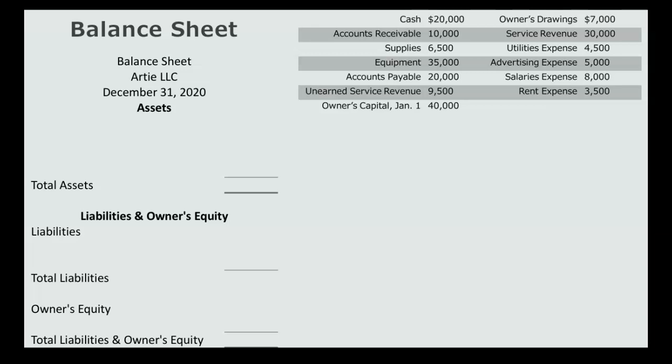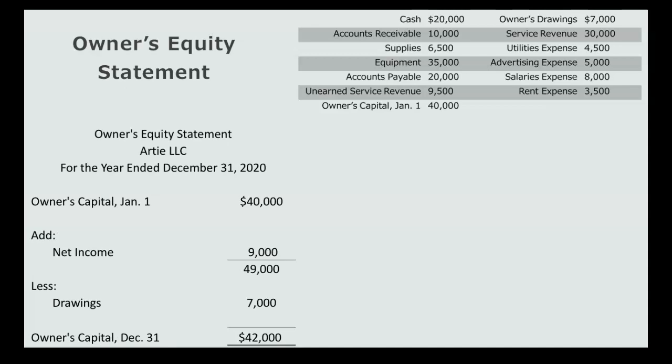So let's take a look at the first 3 lines of our balance sheet. Once again, it's the financial statement that we're preparing, then it's our company name, and here, this is where a balance sheet is different.